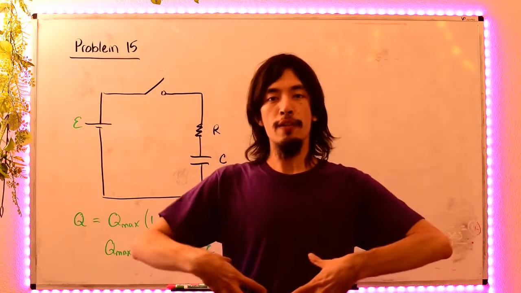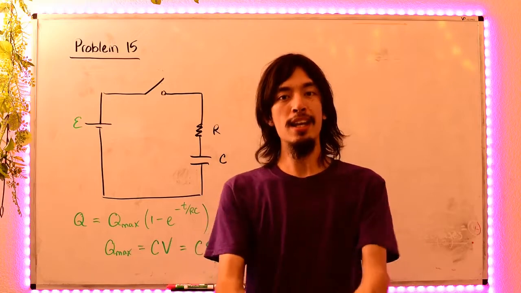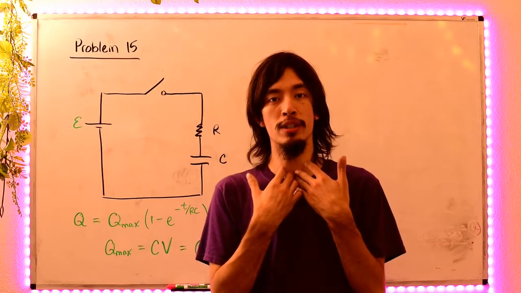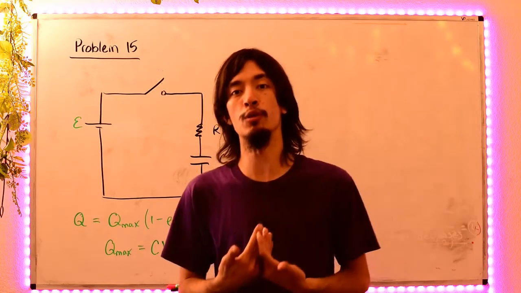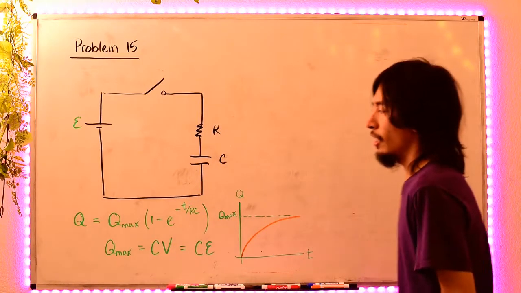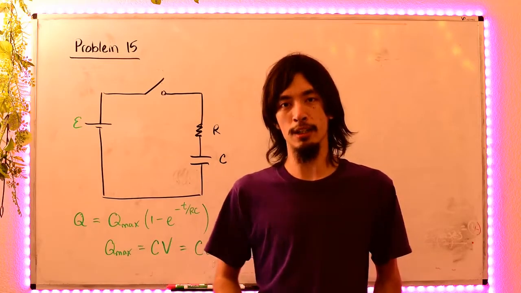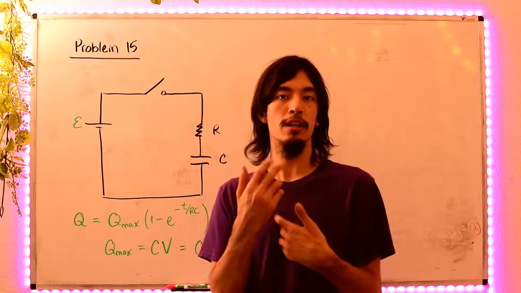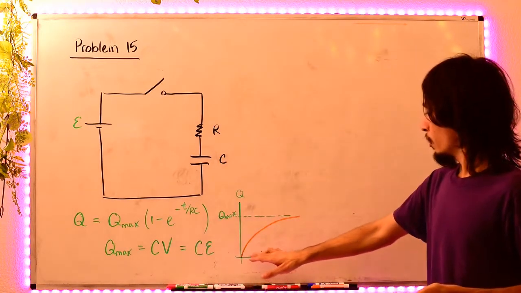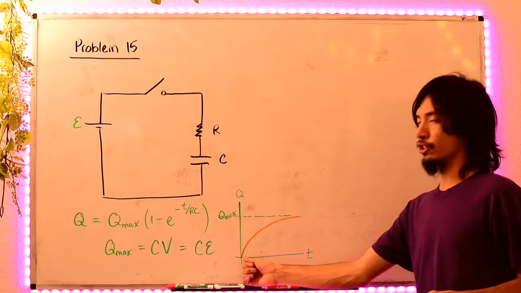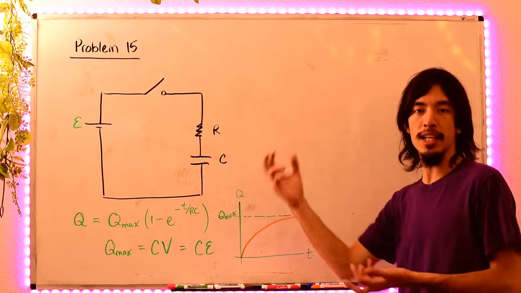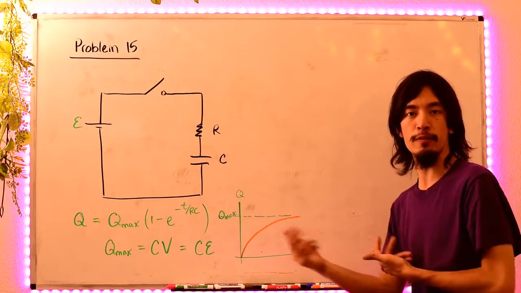So if you're trying to put food in your stomach, then eating the food is resemblant of a current. It's just the flow of food instead of the flow of charge. You can imagine that if you were to go to the buffet, initially, if you're really hungry, then you'll probably be eating a lot of food at that instant. So this curve represents that it charges very fast initially. It takes in a lot of charge into that capacitor, fills it up.